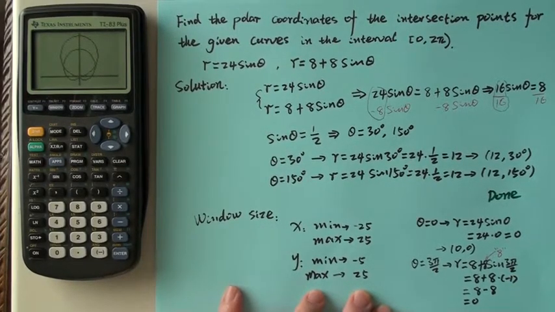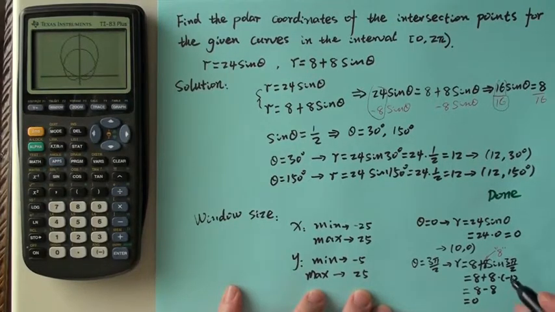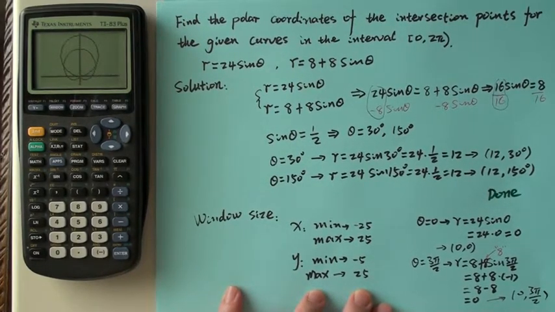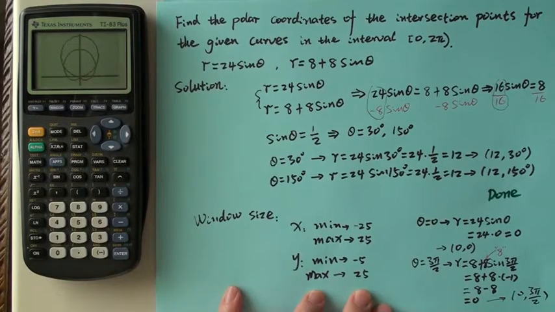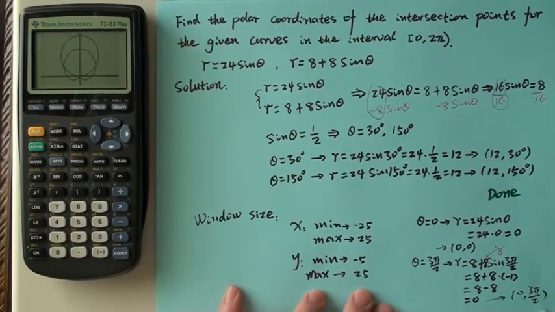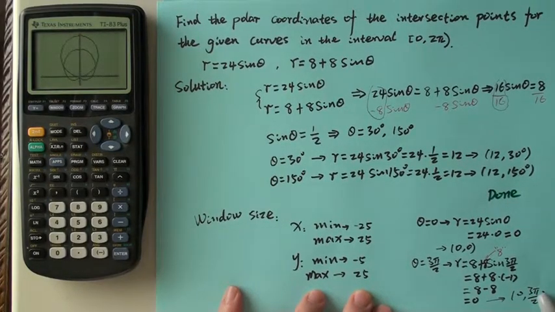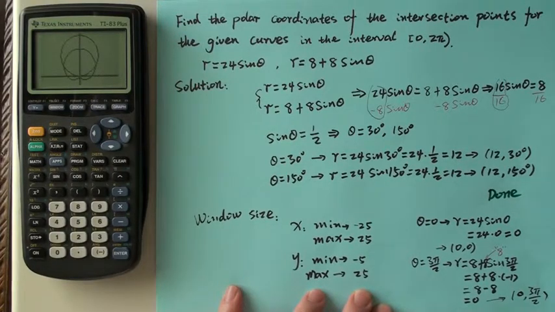So this tells us there is another point, which is 0, 3 pi over 2. Where is this point? It's right down on the origin. It doesn't matter which angle it is, the radius is 0, so it's going to be 0, 0. That will be the third solution.